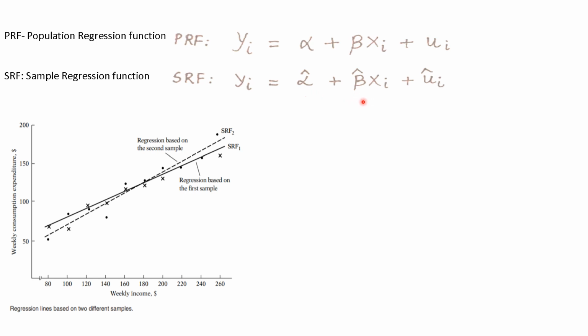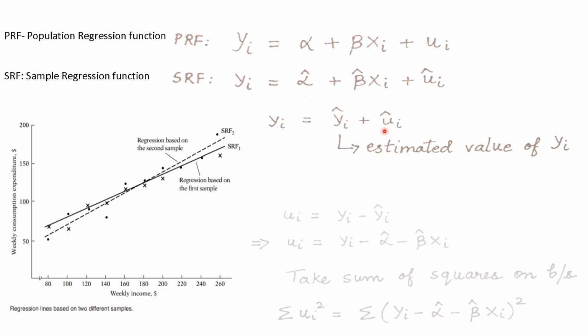So we can write yi is equal to yi hat plus mu i hat, where yi hat is equal to this term alpha hat plus beta hat xi. This is the observed values of sample and this is the residual values, right?